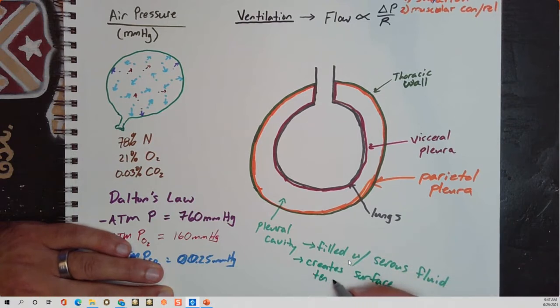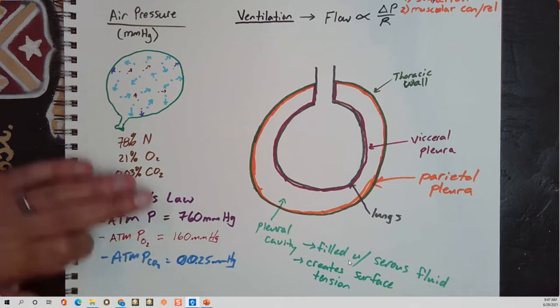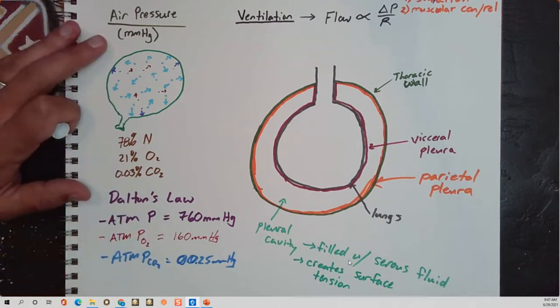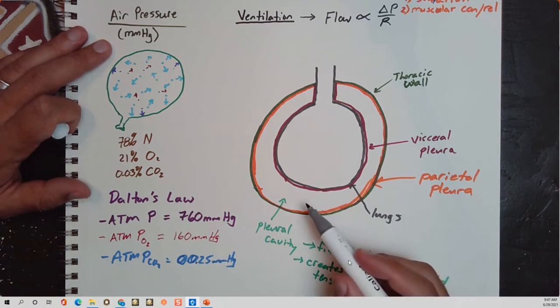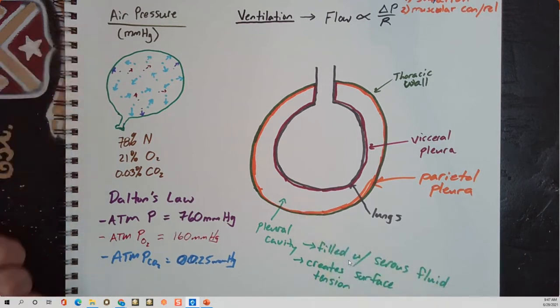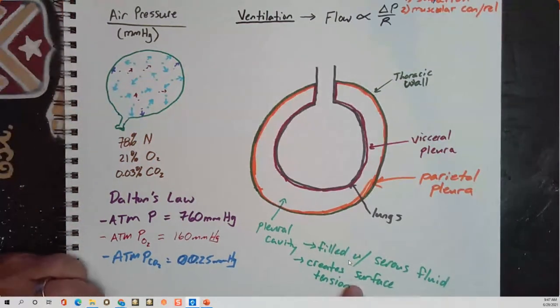That surface tension plays a role. Without the surface tension, your lungs would collapse. But there's going to be something else that has to come into play as well.